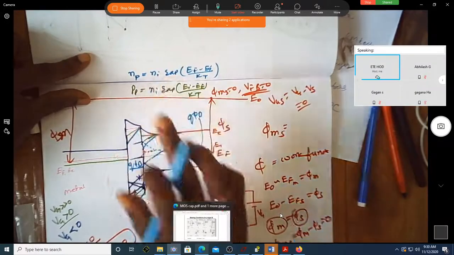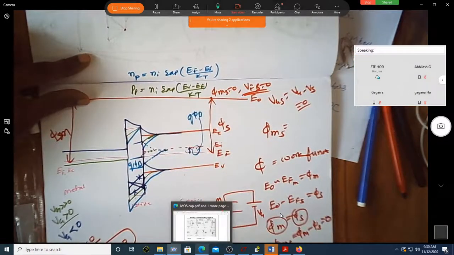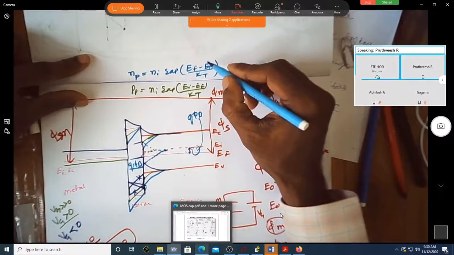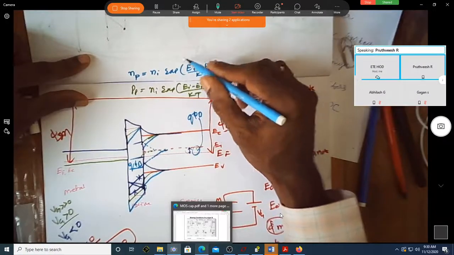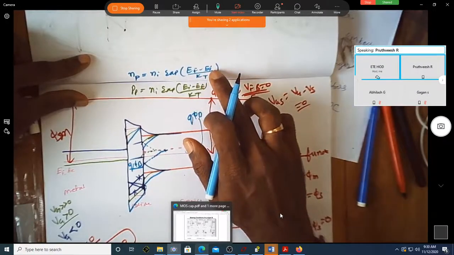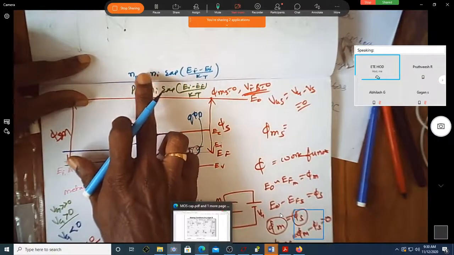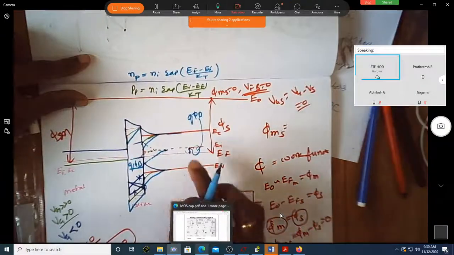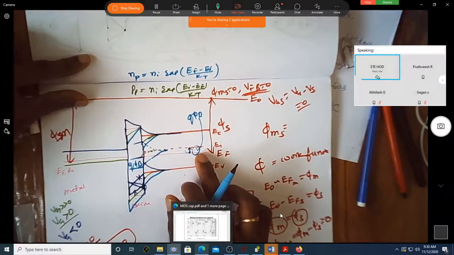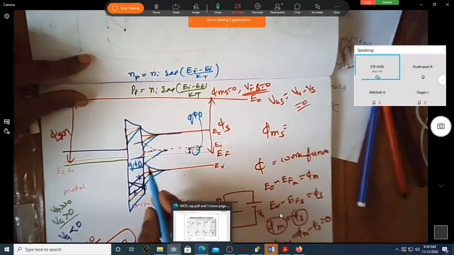Is it equal to Ni or far less than Ni? Far less than Ni. Why? Because this quantity is negative. Yes, sir. Since the exponential of some negative will bring down this product, n is very less in the bulk. Correct?